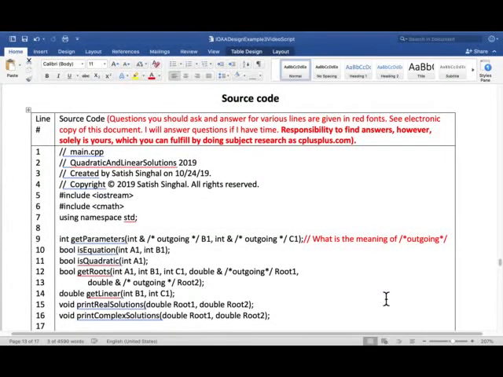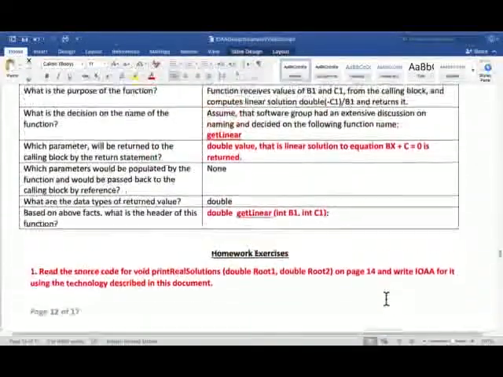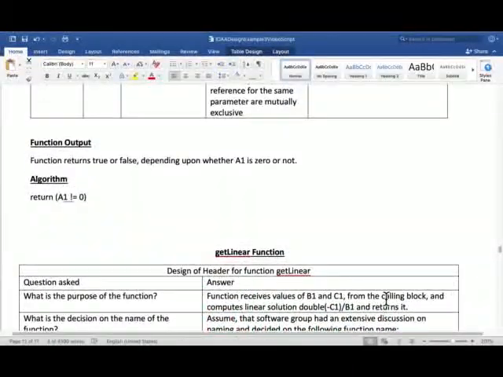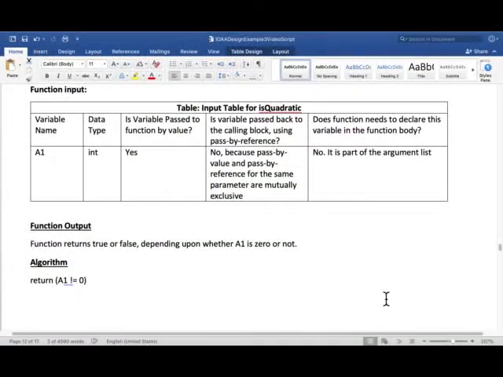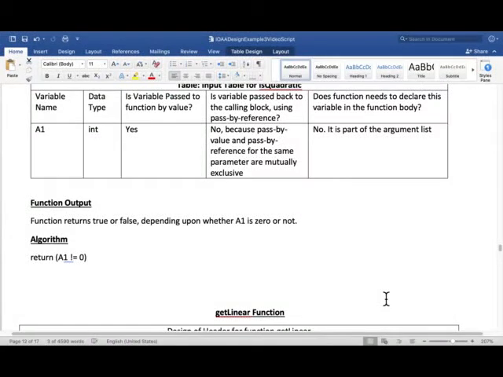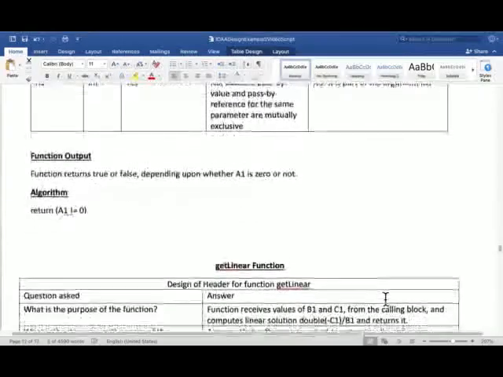But I would prefer that for each function, you understand the IOA and the algorithm, and you actually write the source code yourself, type it and make this function work. I'm not providing a CPP file for the same reason. I want you to make it work.